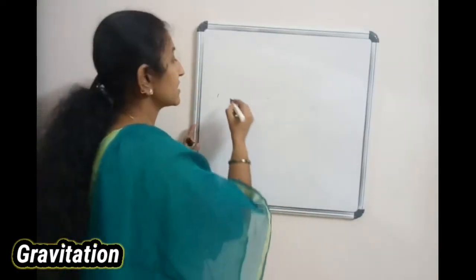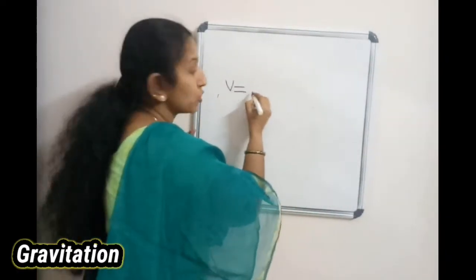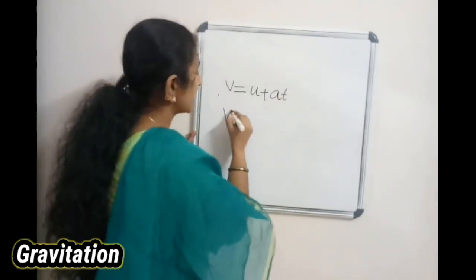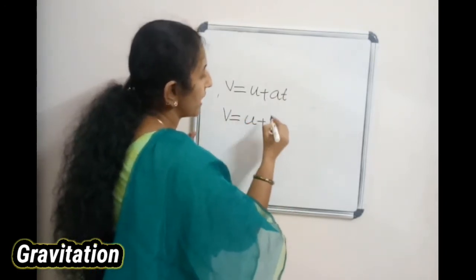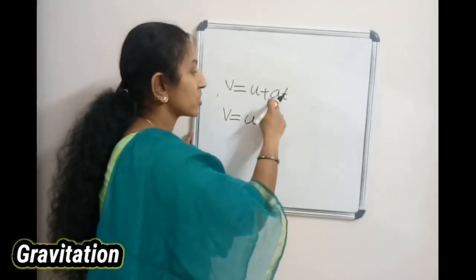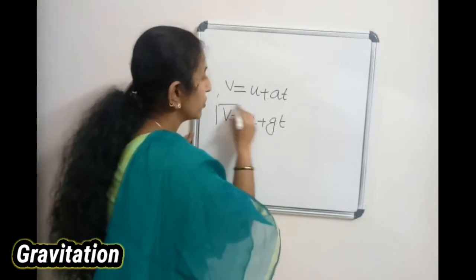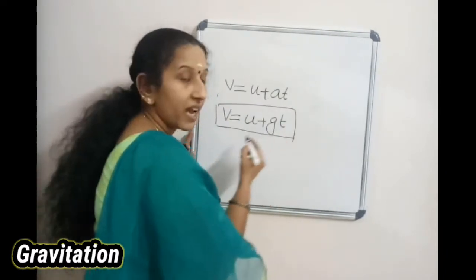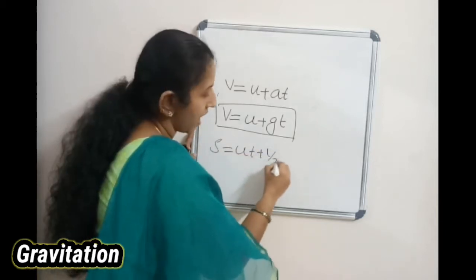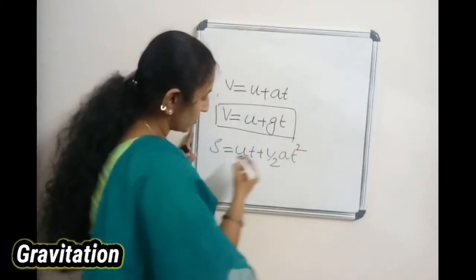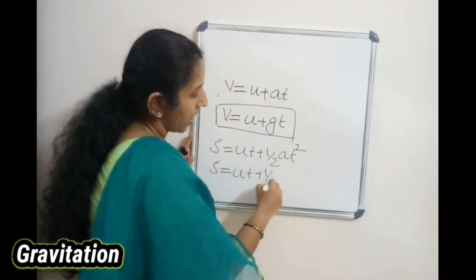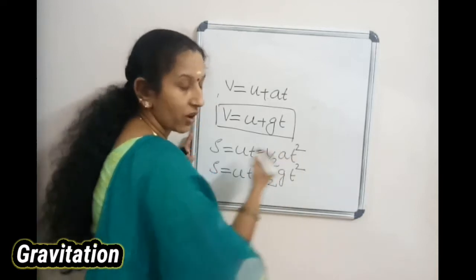The first equation, v equal to u plus at, becomes v equal to u plus gt, because instead of acceleration you have to use acceleration due to gravity. The second, s equal to ut plus half at square, becomes s equal to ut plus half gt square.